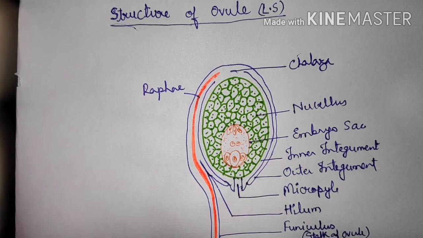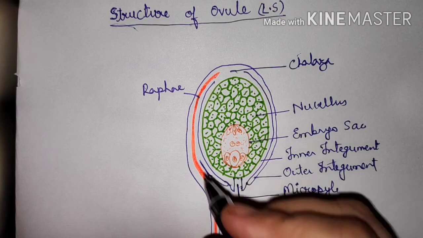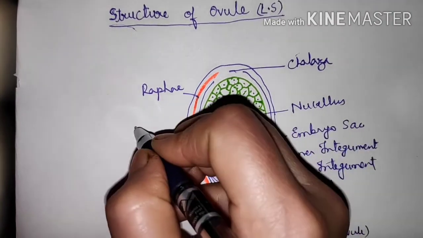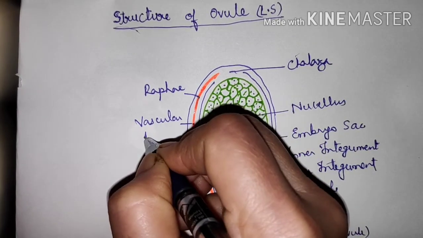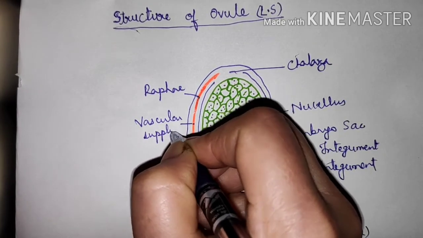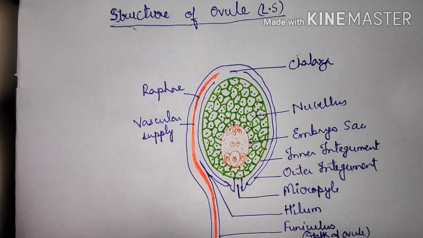So this also you can label. Or I can write it here. Vascular supply. So this is how you have to make an anatropous ovule.